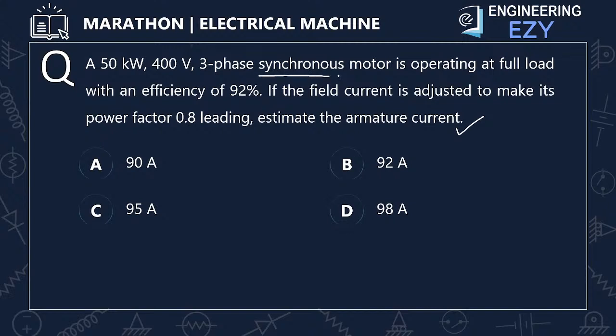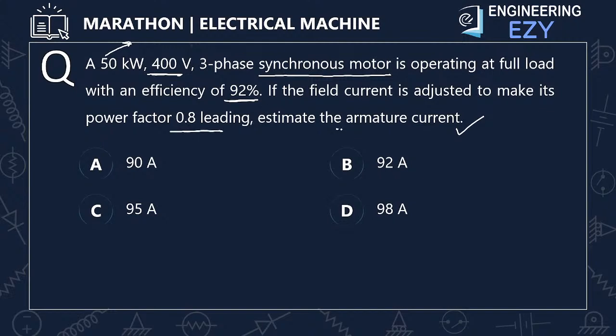A 50 kilowatt, 400 volt, three-phase synchronous motor. If it is a motor, it is giving the output power. If it is an alternator or generator, it is giving the input power. So for a synchronous motor, P output is given and efficiency is also given, 92%. Line voltage is 400 volt, it is a three-phase synchronous motor, and power factor is 0.8 leading.